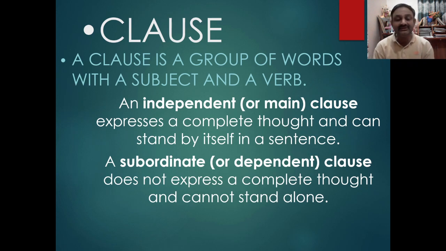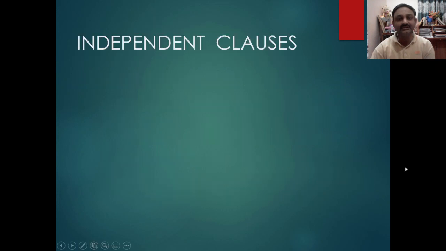So what we have to understand here, one is the independent clause, that is the main clause, which expresses a complete thought, whereas a subordinate clause does not express a complete thought and it is dependent on its main clause. So we can very easily understand this by an example.